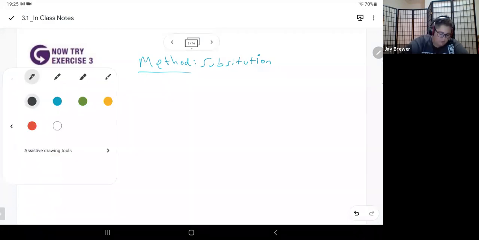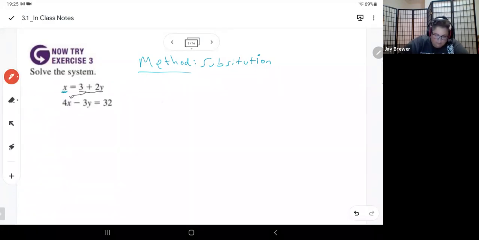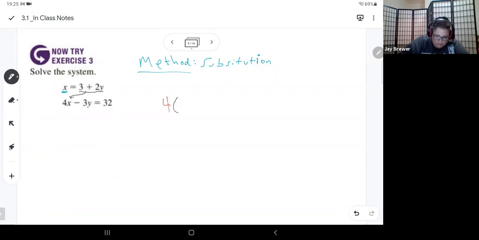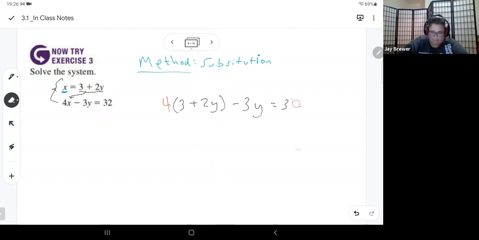And what this does for us is tell us that we have now gone from a two-equation system with two unknowns to just one equation with only one unknown. And you can solve that. You can figure that out. Okay?